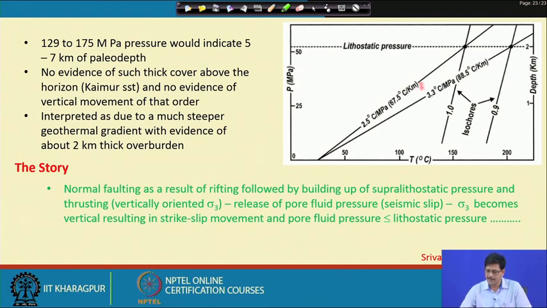So, in that case, what would agree to about a 2 kilometer overburden?